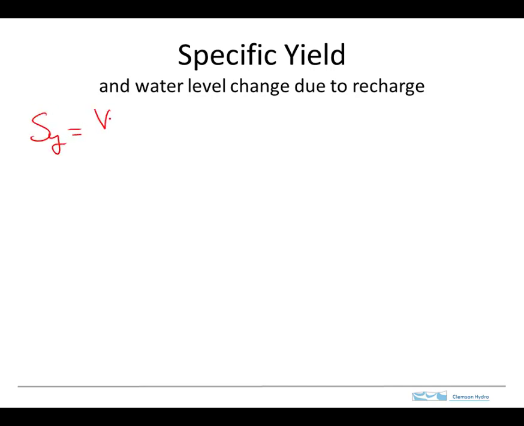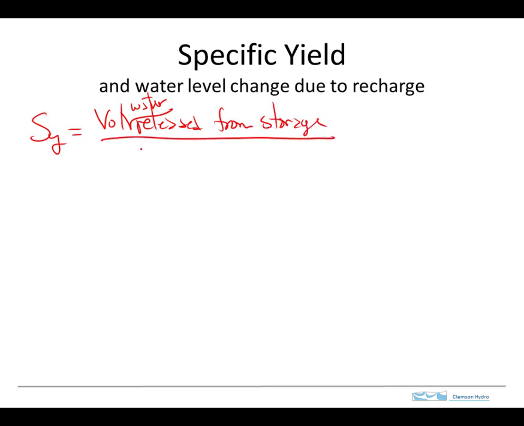This is going to be the volume of water released from storage per total volume, which is per area per drop in the water table. Okay, so that would be what's happening for a situation like this.